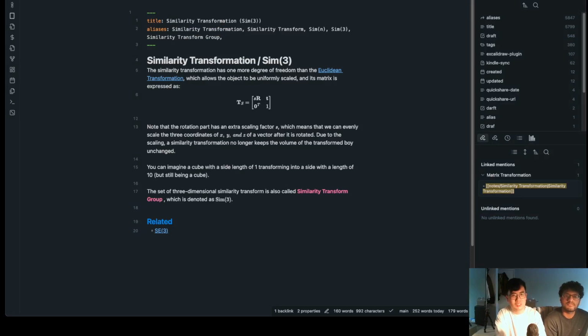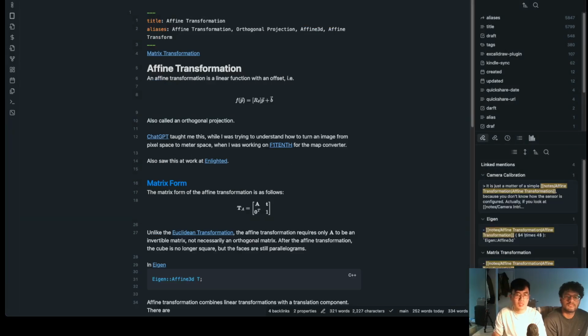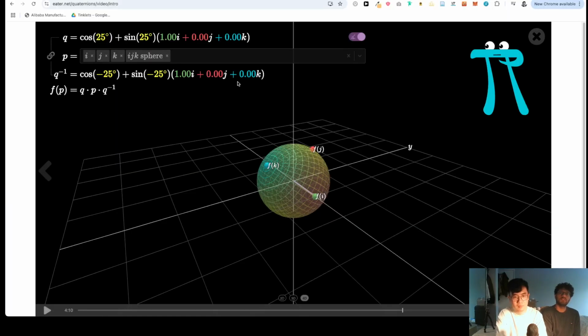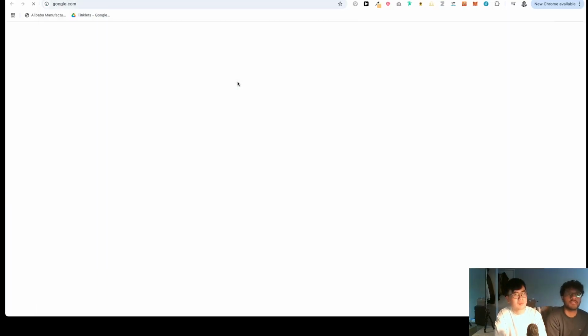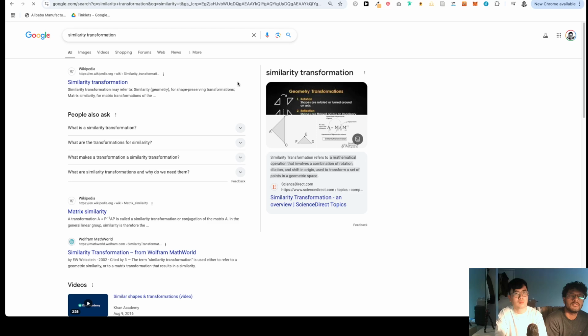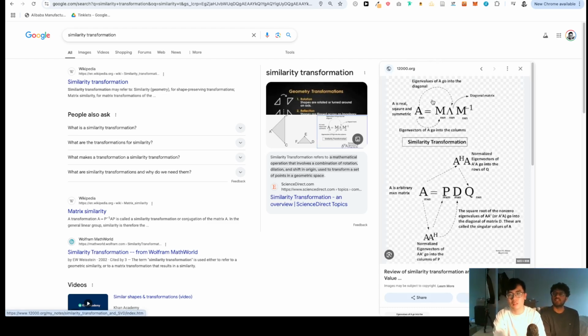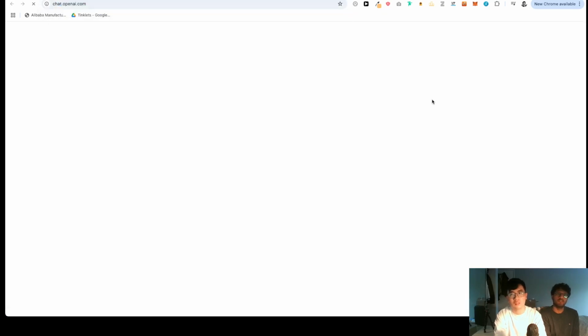How is that different from an affine transform? Wait, go on Google. Look up similarity transform. Eigenvalues.